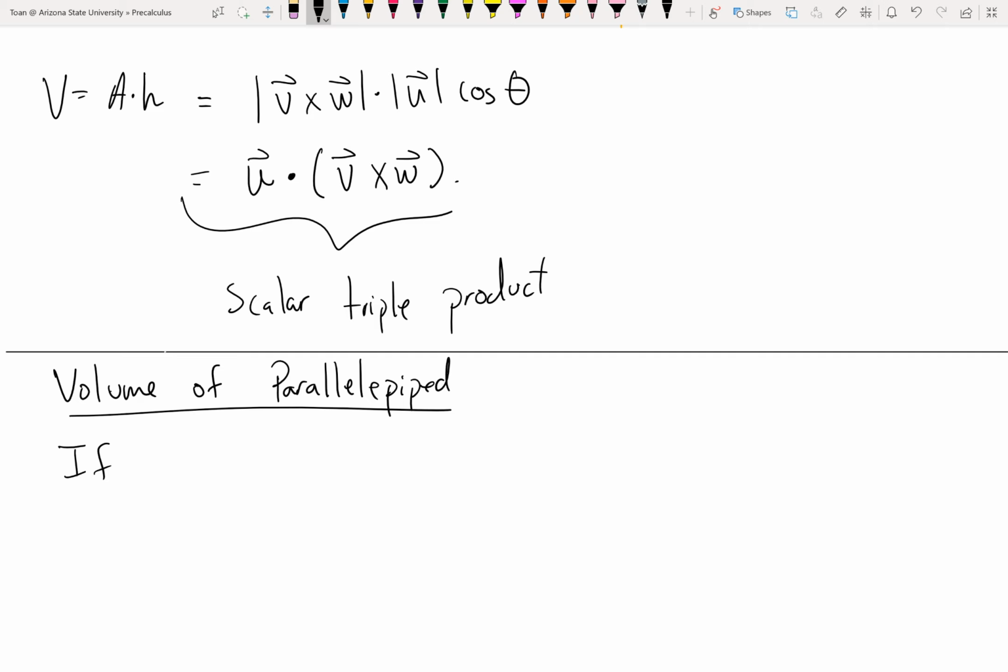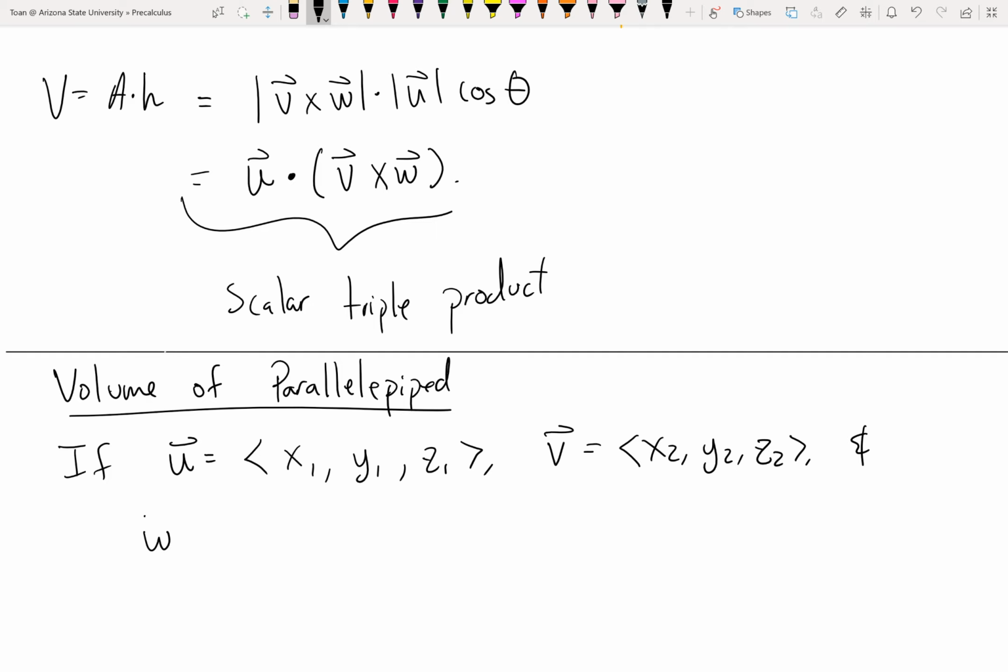So I need three vectors. If vector u is x sub 1, comma y sub 1, comma z sub 1, vector v is x sub 2, comma y sub 2, comma z sub 2, and you can probably guess what w is going to be: x sub 3, comma y sub 3, comma z sub 3.